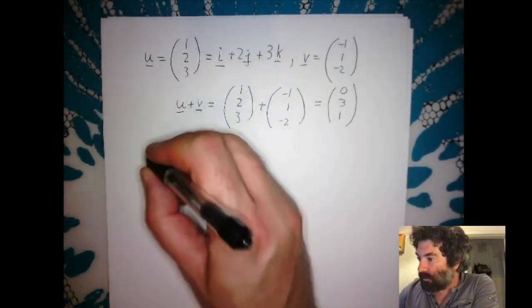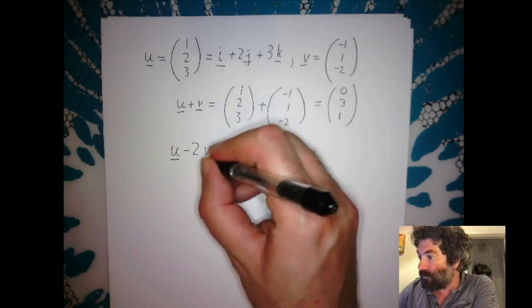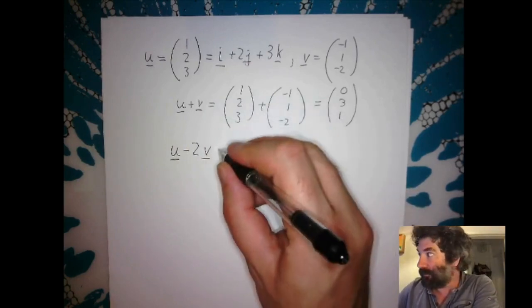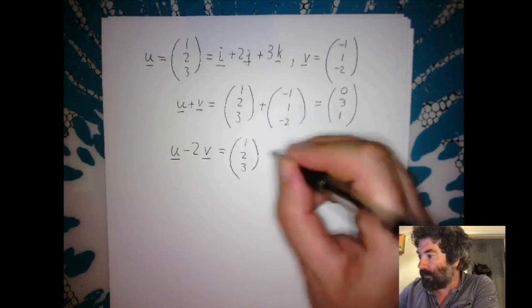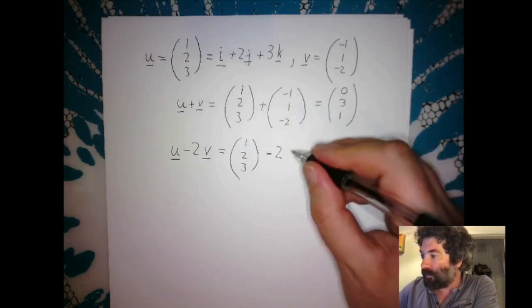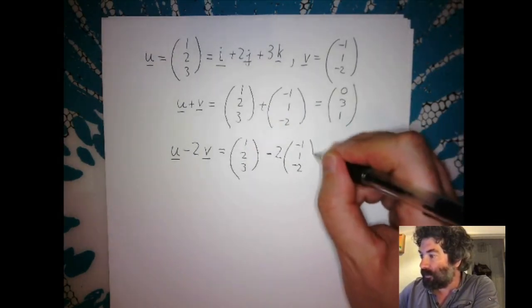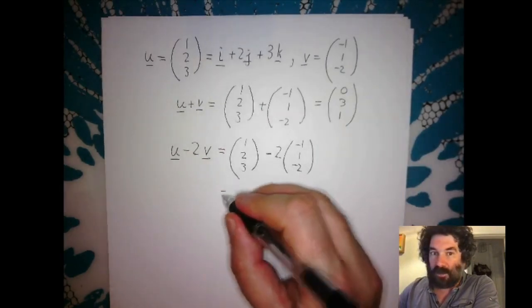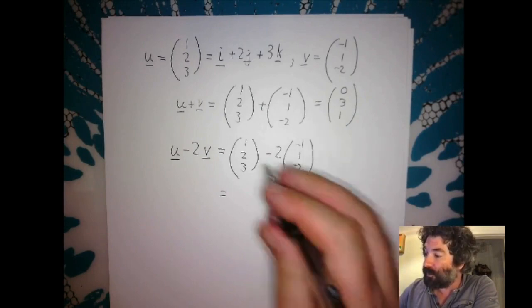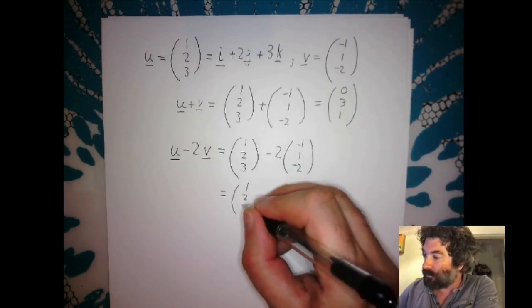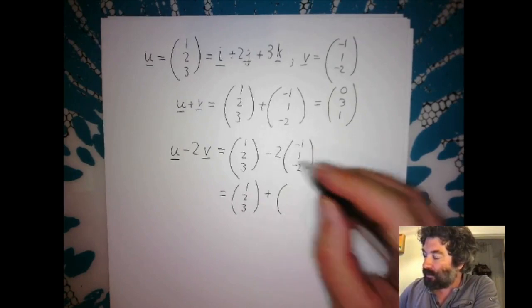All right, let's also compute the other quantity that it mentioned in the example, which was u minus 2 times v. So once again, u is the column vector 1, 2, 3, minus the scalar multiplication of 2 times v, which is -1, 1, -2. And to do this scalar multiplication, we simply multiply -2 by each of the components. So first vector stays the same, and then we multiply each of the components by -2.